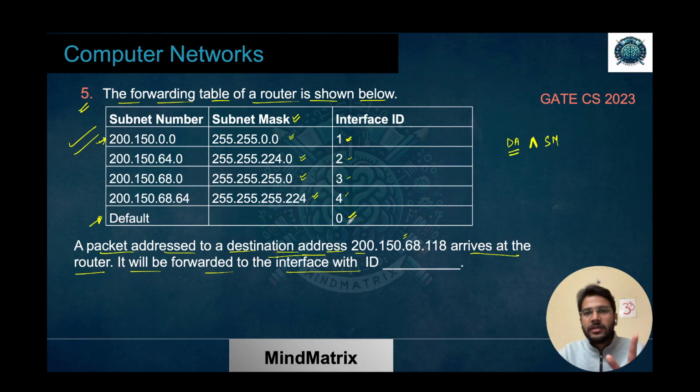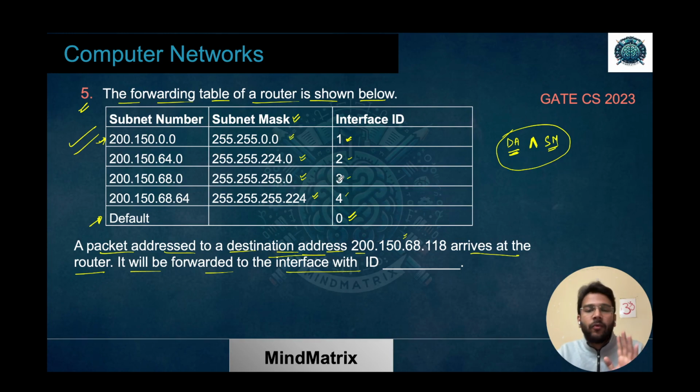So there are three cases. Again, I'm explaining all three cases. We perform the bitwise AND operation between the destination address and each of the subnet masks given here. If the result matches with only one subnet number, simply transfer the packet to that interface ID.